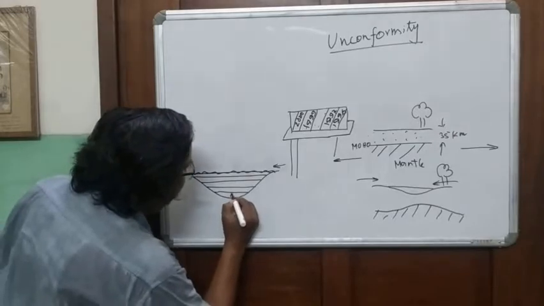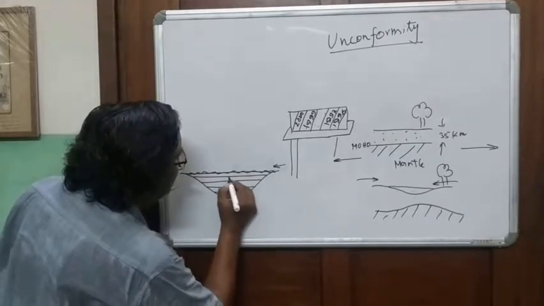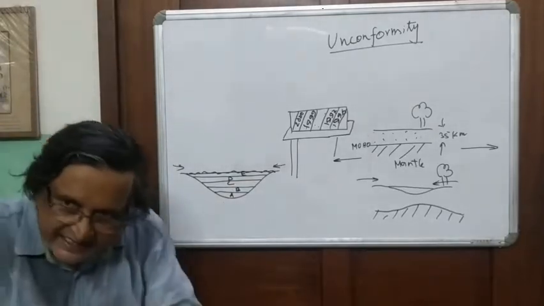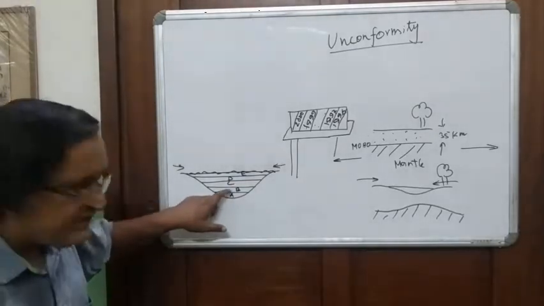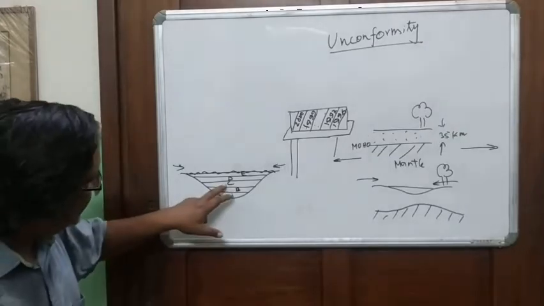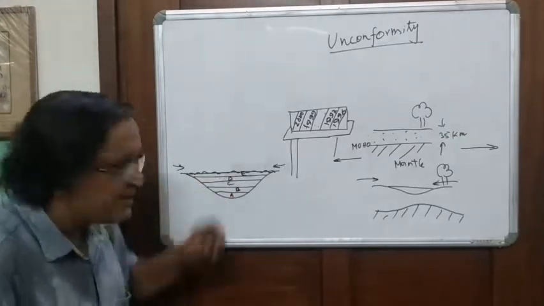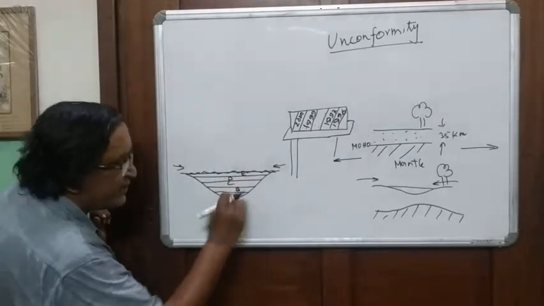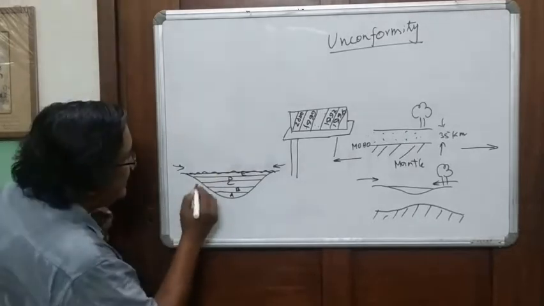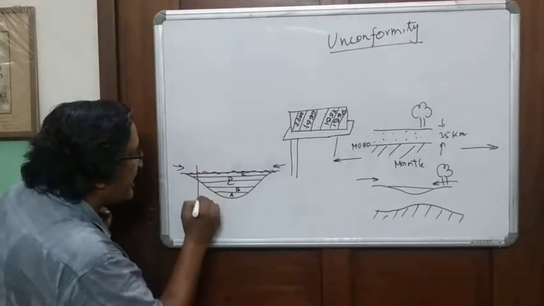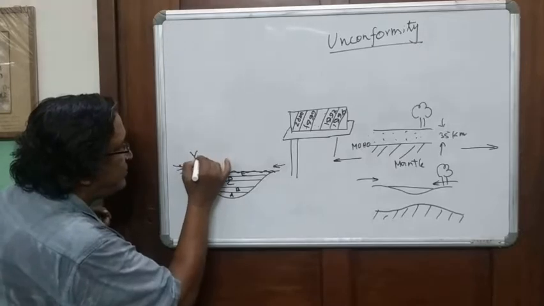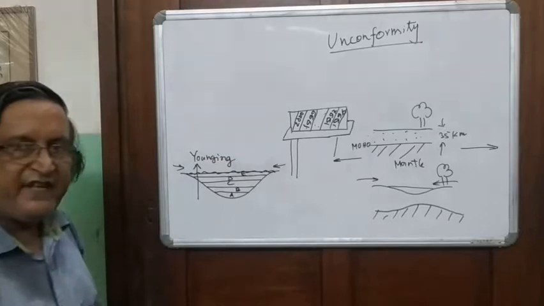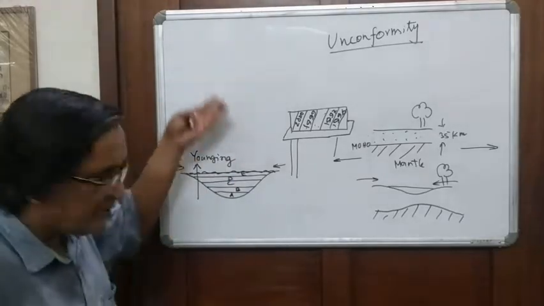So you have A, B, C, D, E, where A is the oldest layer, B is the younger layer, C is younger, the youngest is E. Now these sediments were deposited from bottom upwards, the direction of younging is this way. This is how the sediments are being put.